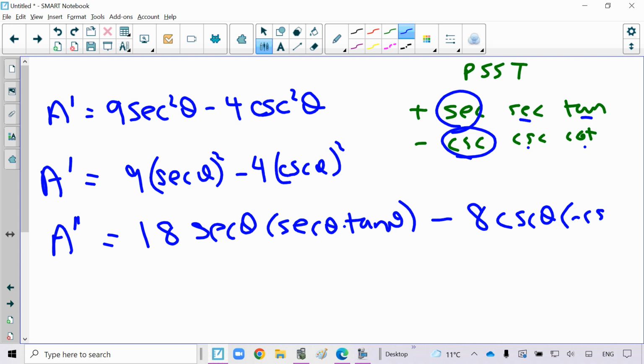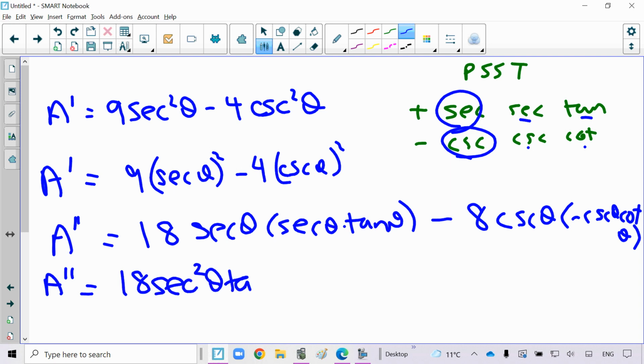Negative cosecant theta cotan theta. Okay, I'm just kind of squishing it in there. Okay, so second derivative is 18 secant squared theta tan theta. 2 negatives make a positive, plus 8 cosecant squared theta cotan theta.